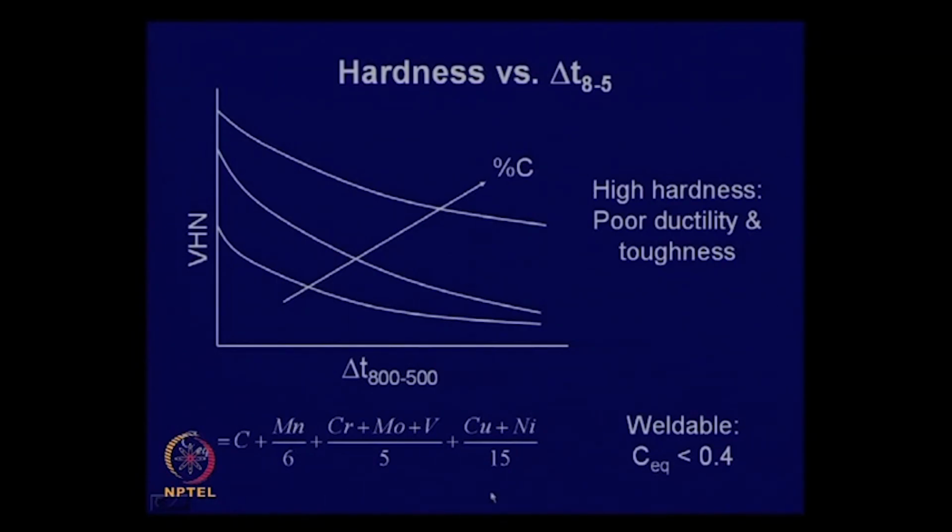Using this it is possible to find out carbon equivalent, and usually steels where carbon equivalent is high are difficult to weld, and you need preheating and post heating so that you can control the cooling rate. But weldable grades, low carbon grades, are easily weldable.